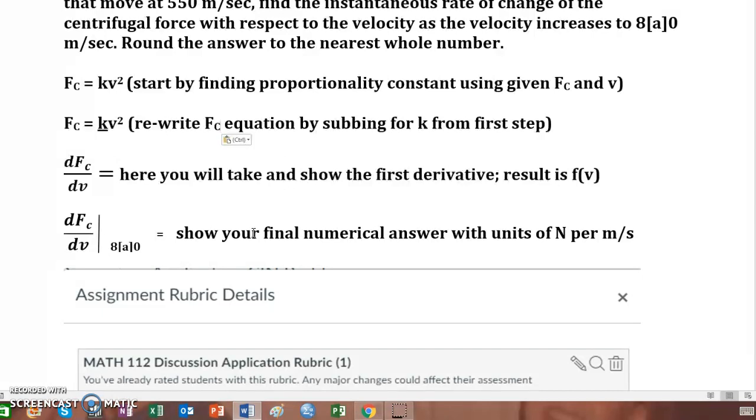So it looks like 4 or 5 solid steps here, and you will have done what I would consider to be a full explanation of the problem: first finding the proportionality constant and writing the centrifugal force equation with respect to the square of velocity, then taking the derivative and then evaluating the derivative at your given velocity based on your calculus identification number.